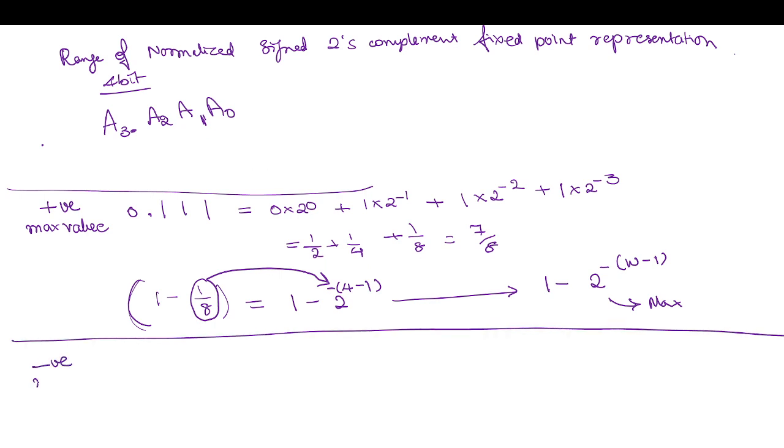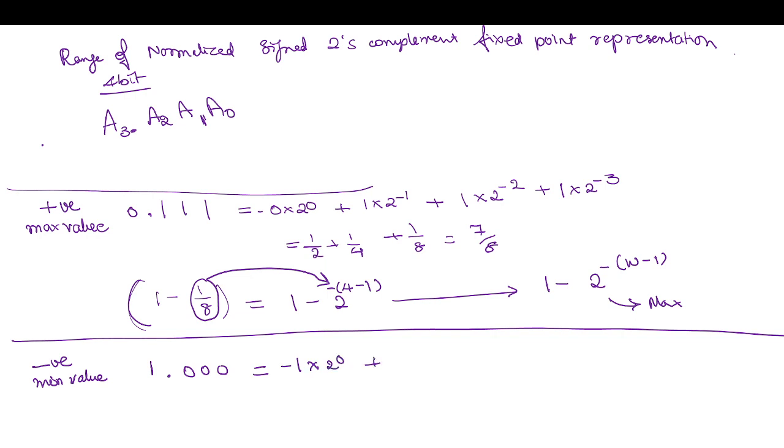So for the negative, the minimum value, the sign bit is 1 for negative, and for the minimum value all the rest are zeros. So this will be minus 1.